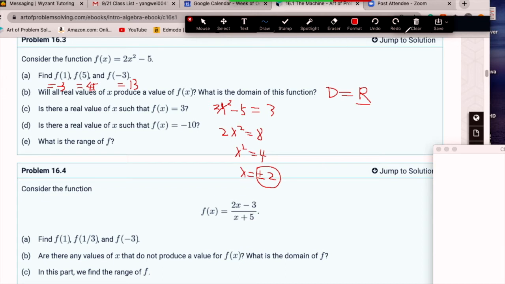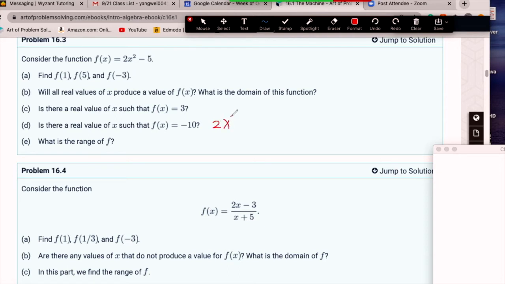Now let's see D. Is there a real value of x such that this function equals -10? To get this one, you need to solve this equation: 2x squared minus 5 equals -10. Both sides need a plus 5, so 2x squared equals -5. But x squared is always greater than or equal to 0, and this one is a negative number.